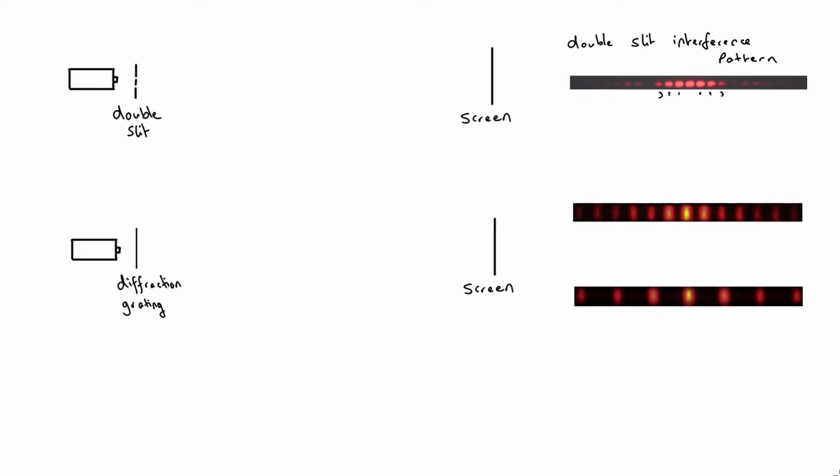But with a diffraction grating, you don't just have 2 slits, you have many thousands of slits, and so in total the amount of light coming through is greater. So by having a larger number of much narrower slits, we both increase the intensity of the maxima, but also we increase the spacing of the fringes.